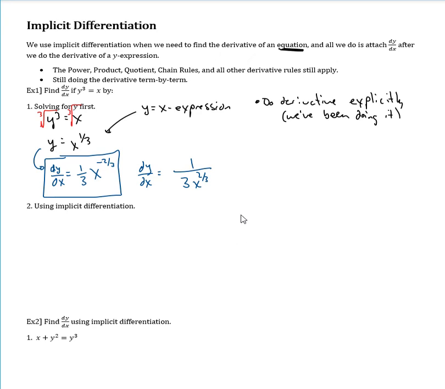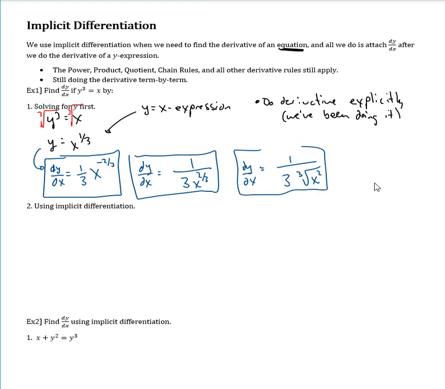And if they said to change it back to a root, you could do that too: 1 over 3 times the cube root of x squared. These are all the answer, just written in different forms.